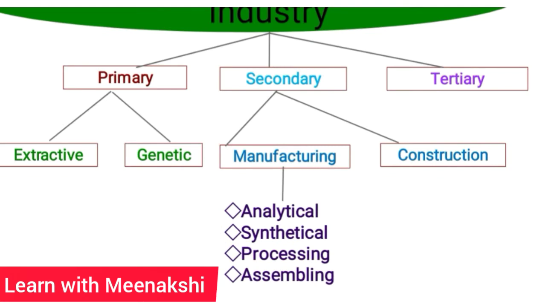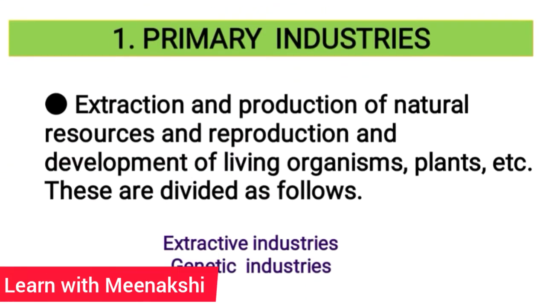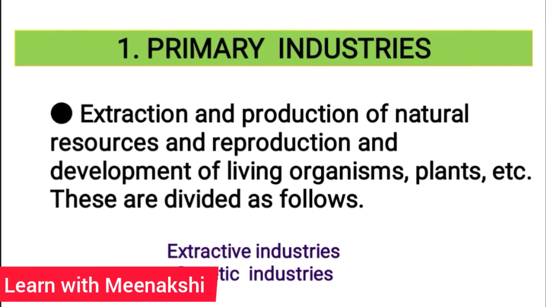Primary industries. So students, basically the primary industries are involved in extraction of products from natural resources. For example, taking out or pulling out oil from the earth, right? And copper, drilling, mining, all this comes under extraction of goods from natural resources, that is from the earth.